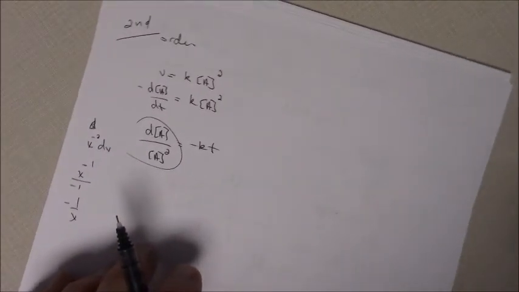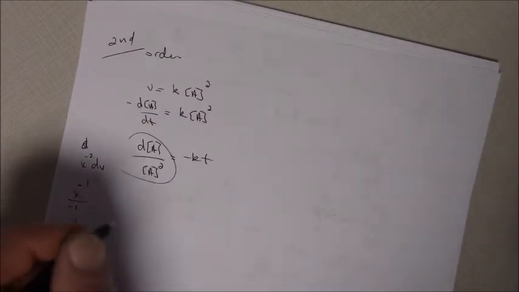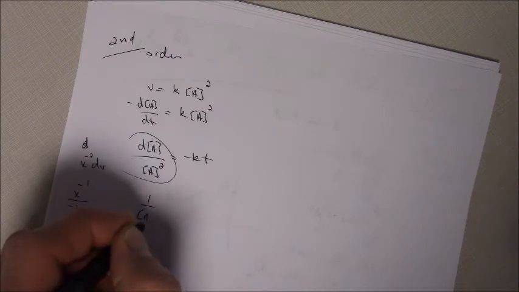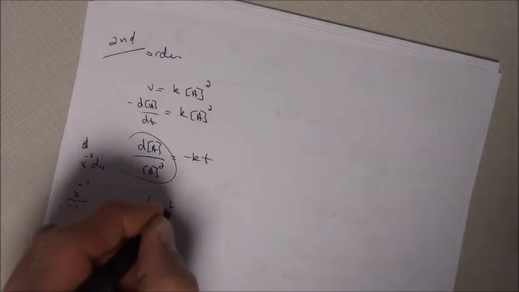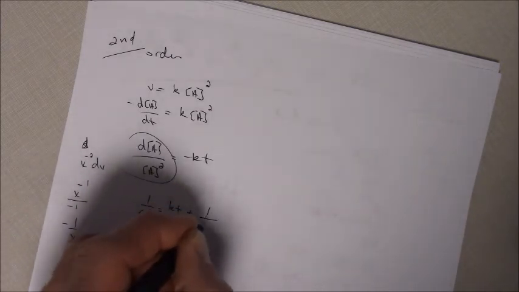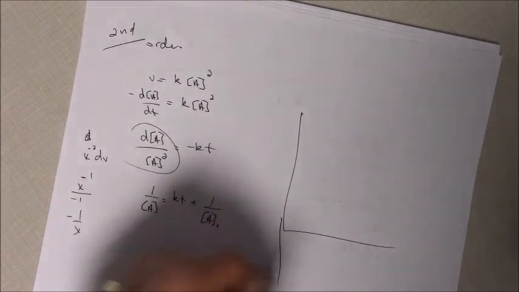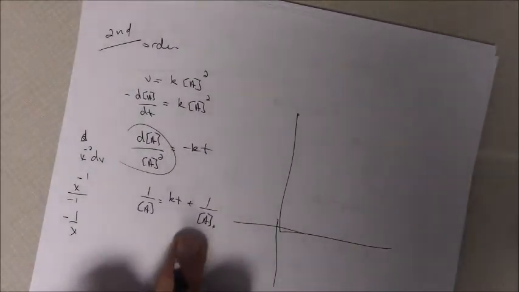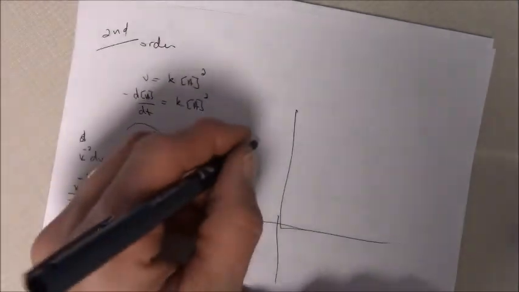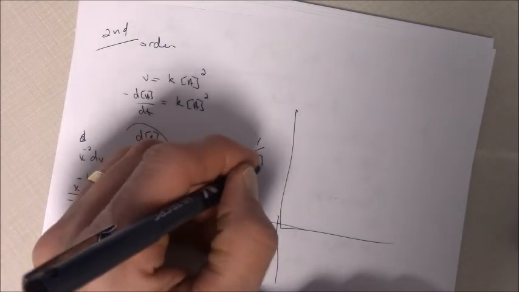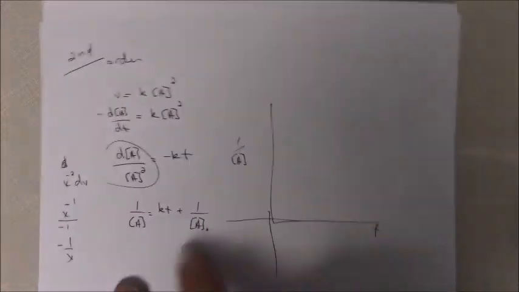For that one, and it's in your book, you're going to get a straight line where you plot 1 over A versus t.